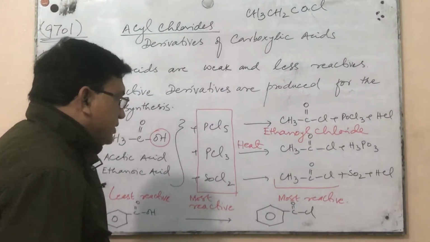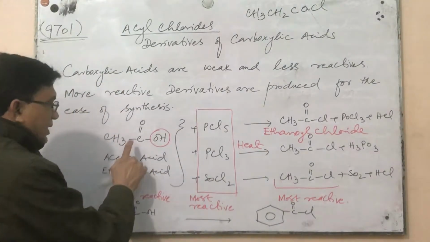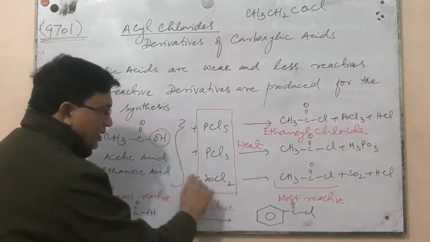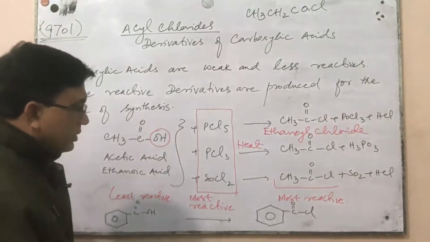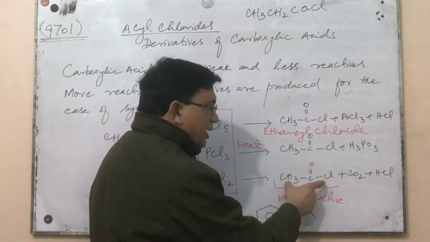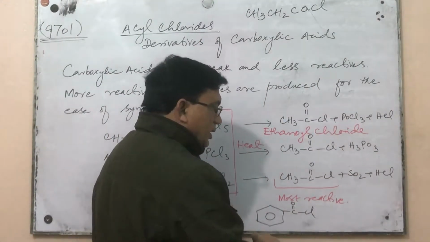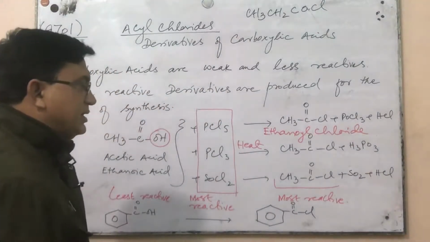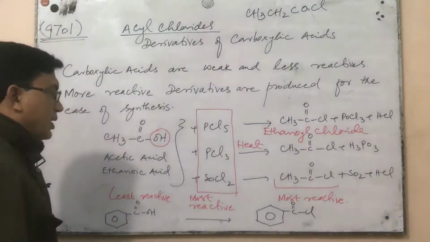H3PO3, phosphorus acid. Now, if the ethanoic acid is treated with sulfur dichloride oxide, then again ethanoyl chloride is formed, and the byproducts sulfur dioxide and hydrochloric acid are produced.